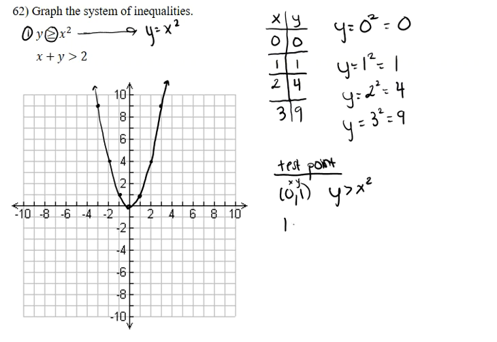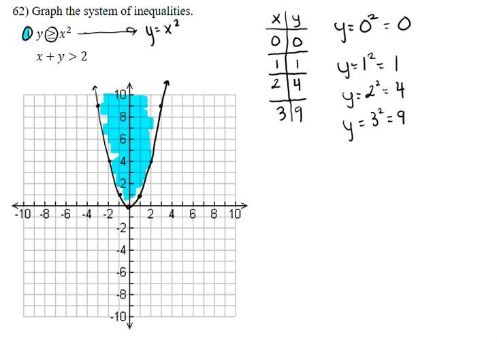So when we have our 1 as our y, x squared is 0 squared, you're going to get 1 is greater than or equal to 0 squared, or 0 squared is 0. 1 is greater than 0. So this is a true statement, meaning you're going to shade everywhere inside of your parabola since that test point lies inside of your parabola.